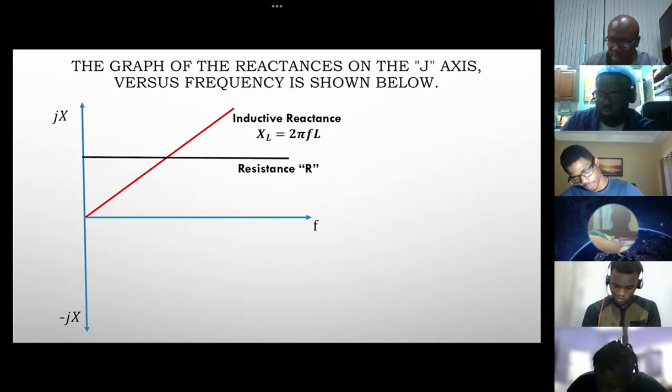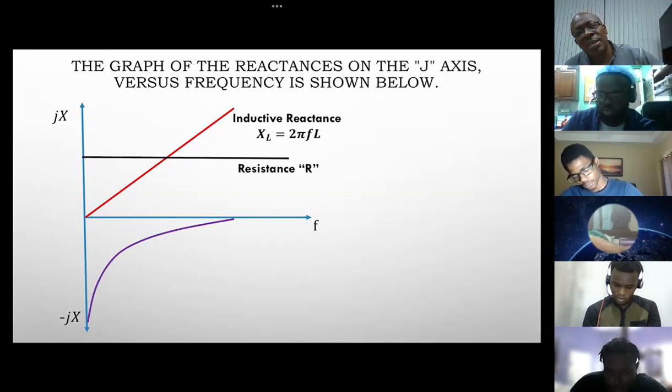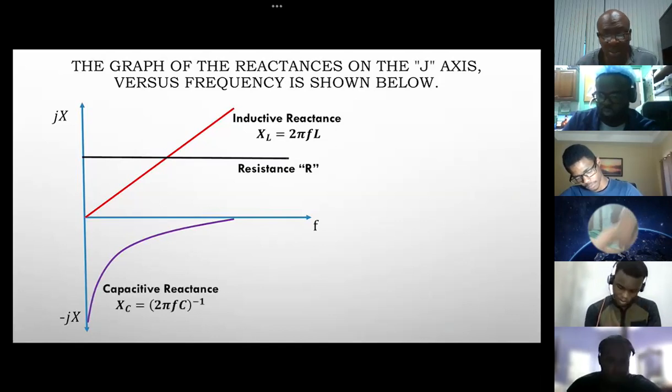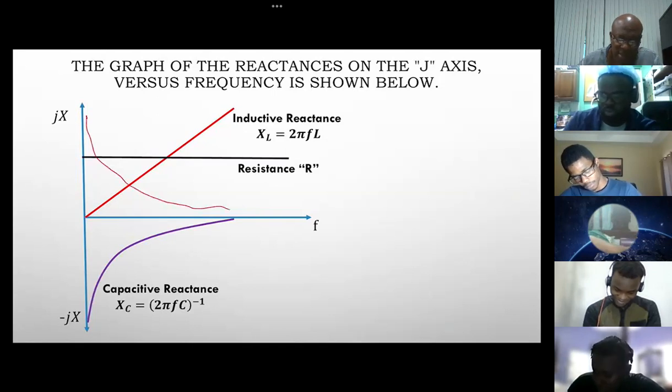The only slight modification from AC circuits is how I have drawn XC, which is (2 pi FC) to the minus 1. It's just a mirror image of what you would have had from AC circuits. I would have drawn that in AC circuits, something like that.